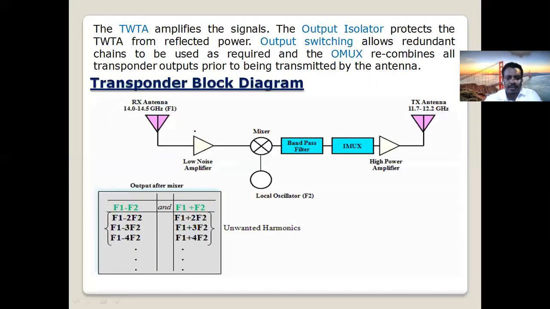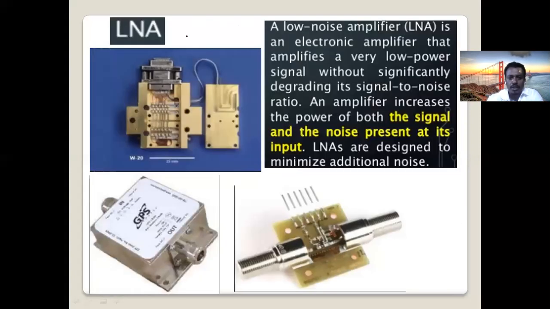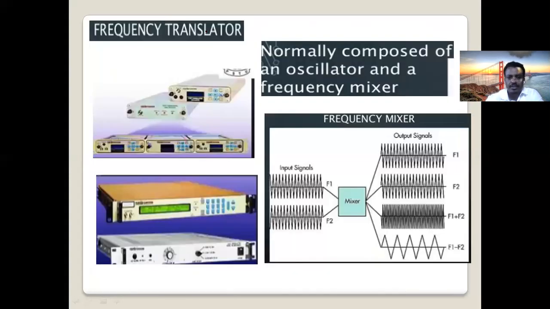So we have seen last time a device called low noise amplifier, and we have seen what we call a frequency translator. So these devices we discussed last class: the low noise amplifier and frequency translator. Today we'll see another part of a transponder, which is the high power amplifier.